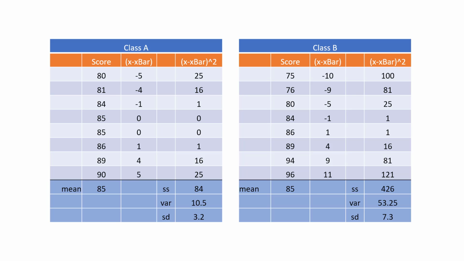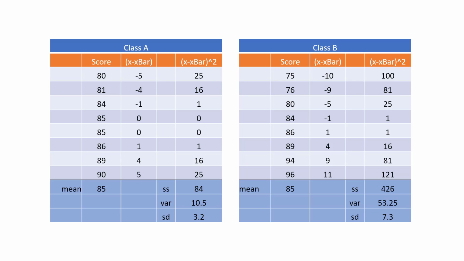Here I've used the summation table to compute the two standard deviations. One for Class A and the other for Class B. As you can see, there's a good deal more variation in the Class B data set. The standard deviation for Class B is 7.3, whereas for Class A, it's only 3.2.